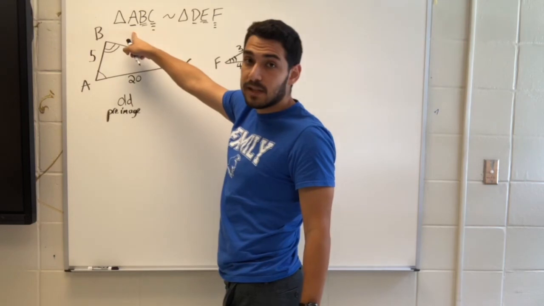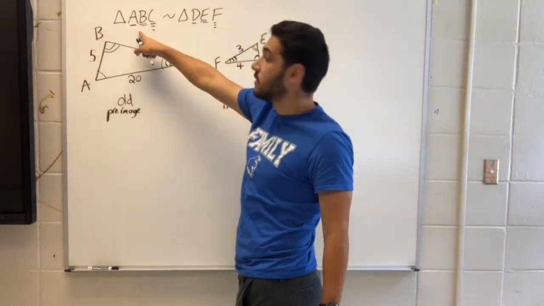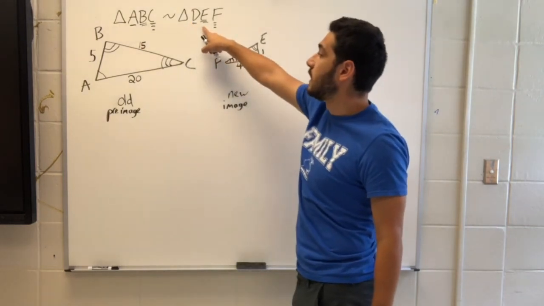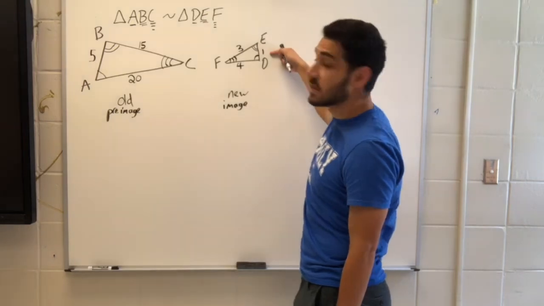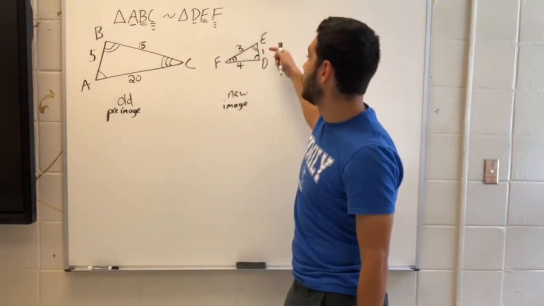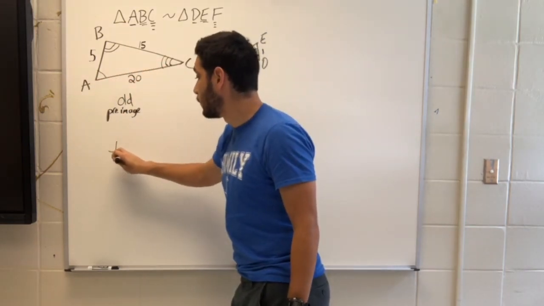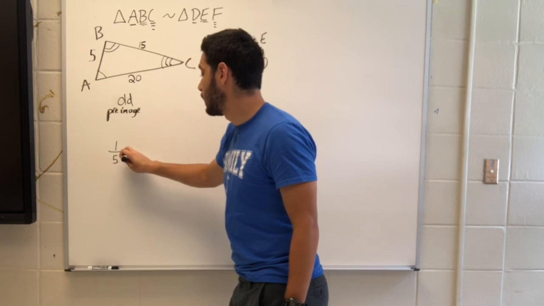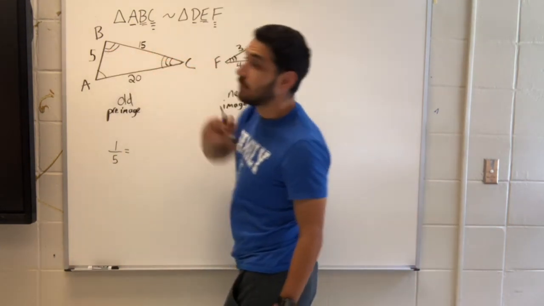So this will tell me that side AB, because those are the first two letters in the triangle, is going to correspond with DE, which are the first two of the second triangle. So I'm going to put the image of the small triangle on top and the large triangle on the bottom. So DE corresponds with AB, so I'm going to have 1 over 5. 1 is the length of DE, 5 is the length of AB.